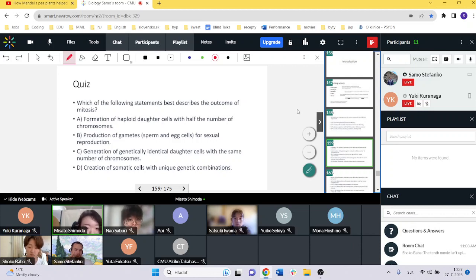B. Production of gametes, sperm and egg cells for sexual reproduction. C. Generating of genetically identical daughter cells with the same number of chromosomes. D. Creation of somatic cells with unique genetic combinations. Thank you very much, Misato. Let's have a few more seconds to read it one more time, everyone, and then we will do a quick poll.